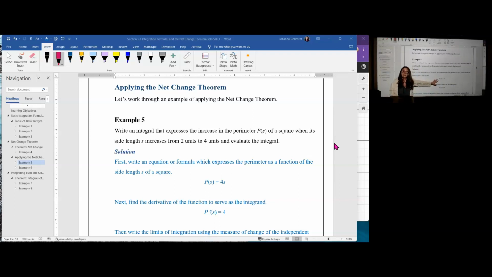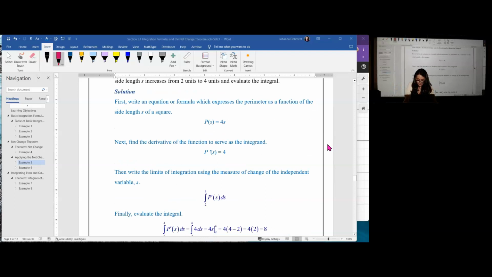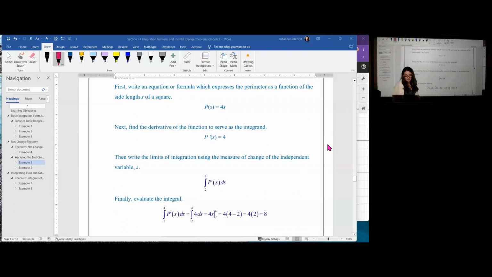It's the perimeter that's changing. We find the derivative with respect to s is 4. This is going to serve as the integrand function. Now we need to find the limits of integration. The limits of integration are measuring the change in the independent variable, which is s.